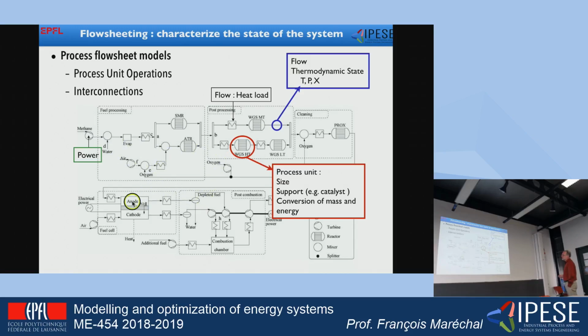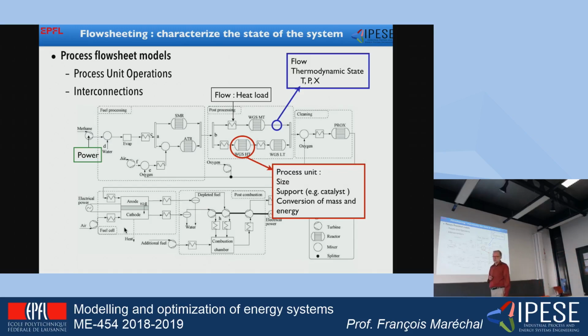I have different unit operations: reactors, heat exchangers, compressors, turbines, and a fuel cell here. That needs to be characterized if I want to be able to design the system, if I want to know what heat exchanger I have to buy and how I have to interconnect, so the pipes that I have to put in the system. So the same problem: I need to know the process units and I need to understand the interconnections.